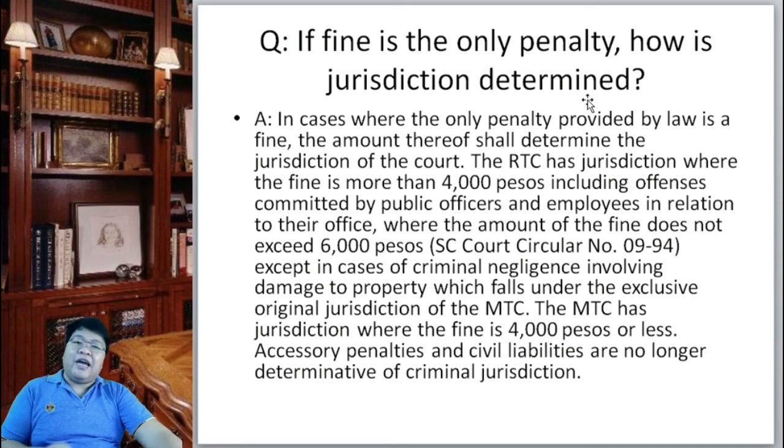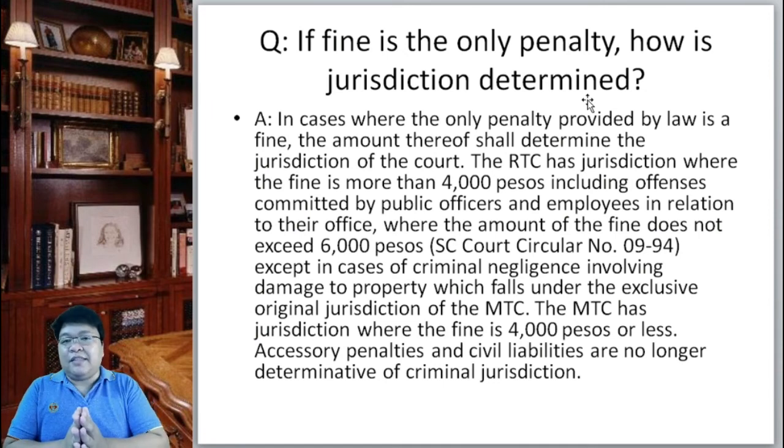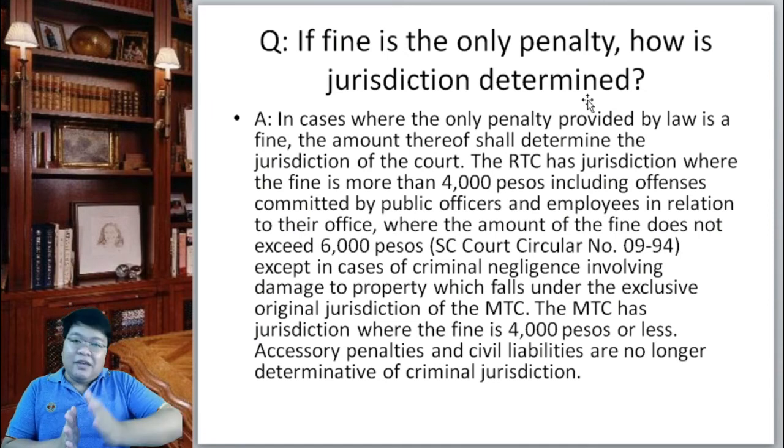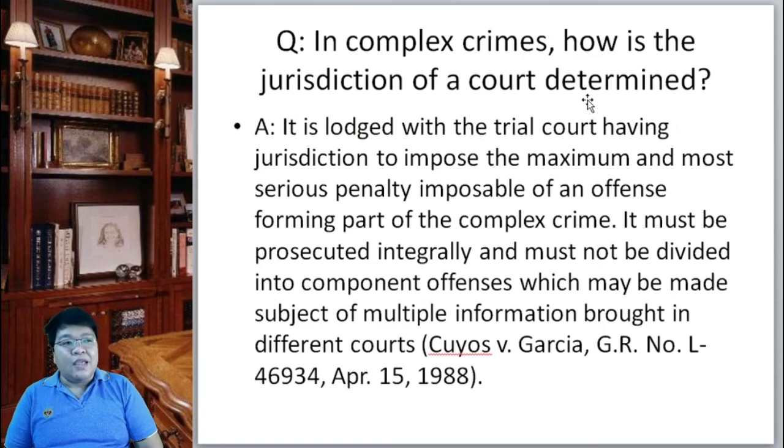But we focus, guys, on the imprisonment first. So, if it's imprisonment of 6 years and 1 day or more, that's with the regional trial court. Less than 6 years and below, that's with the municipal trial courts. Okay? So, next.